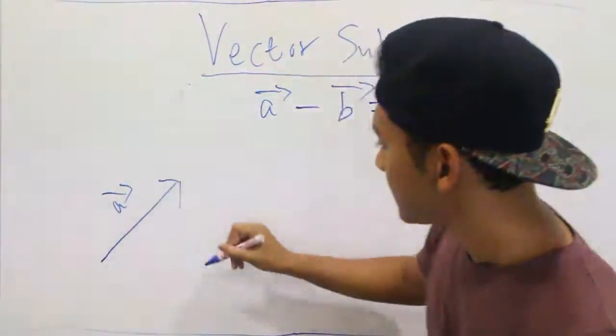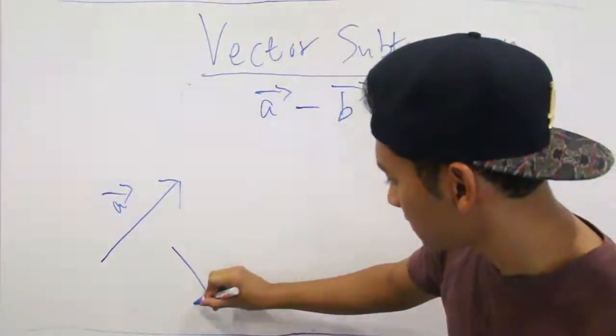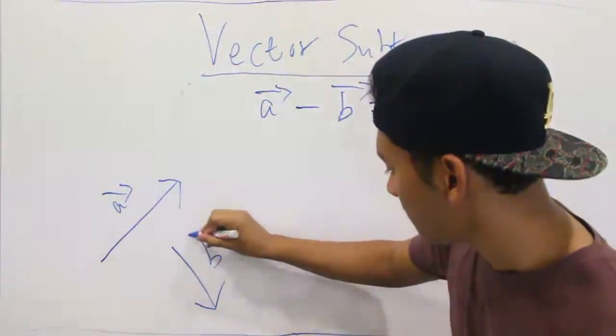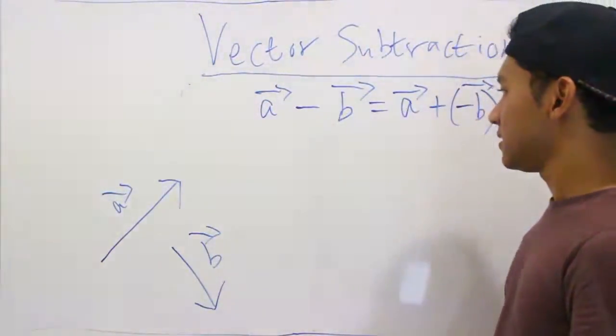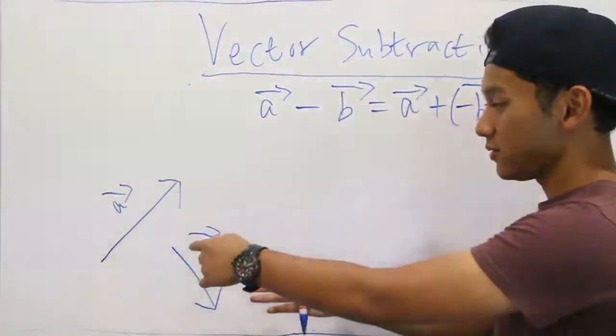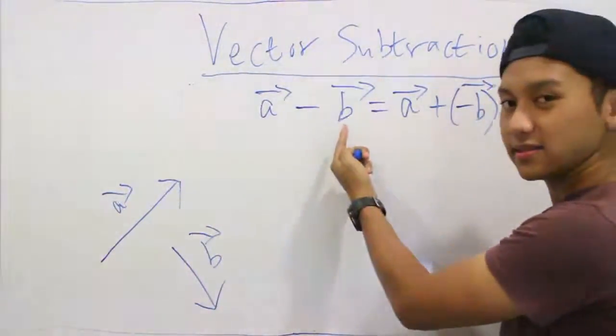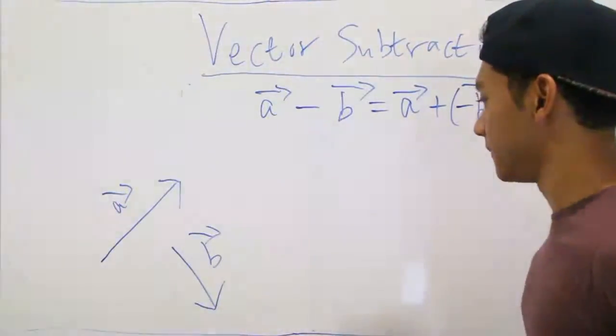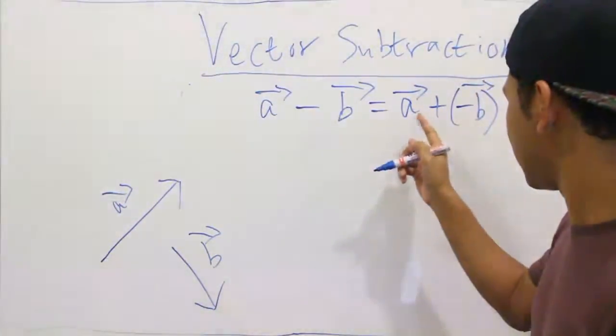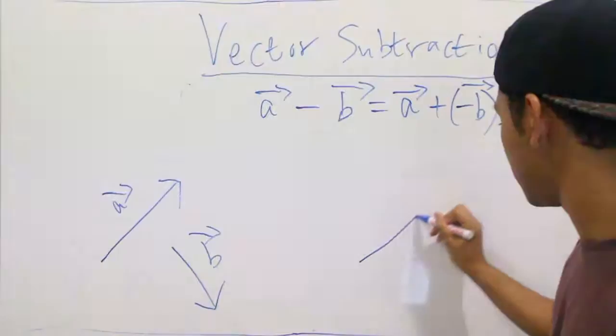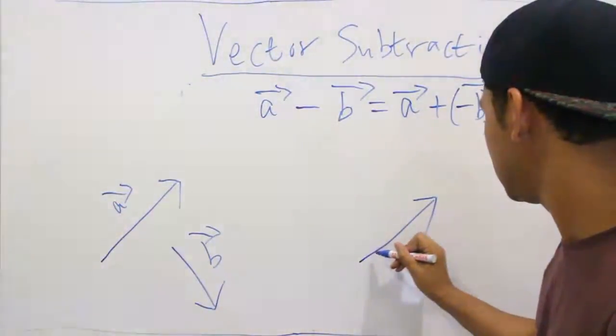Let's say this is vector A and this is vector B. We want to do vector A minus vector B. This is vector A. We're putting this head to tail.